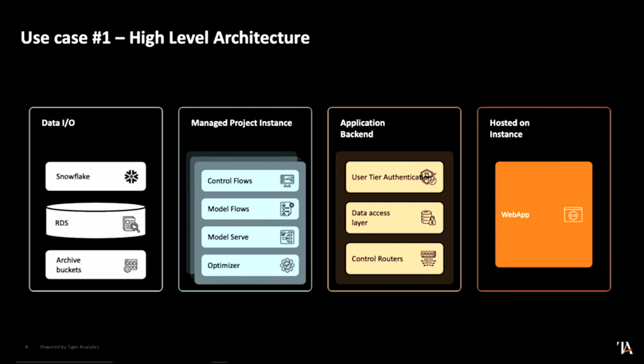You've got your managed instance that scales up based on users. You've got your control flow and control routers across your backend that manage where and what needs to run. Is it an EDA? Is it a model run? And then the rest is very explanatory. You have your authentication, data sophistication that happens in the data access layer, and your response curve optimizer that happens here. This is the architecture that we have.